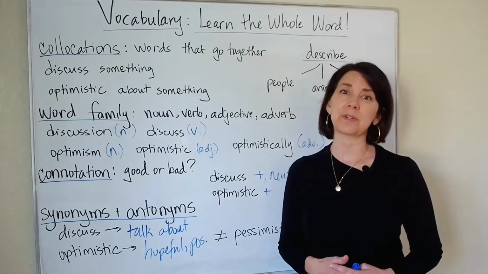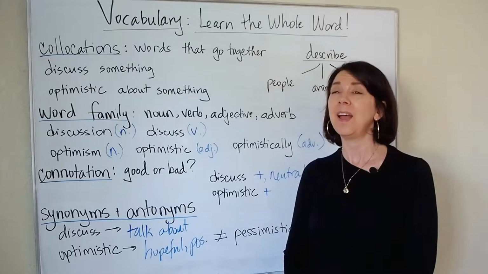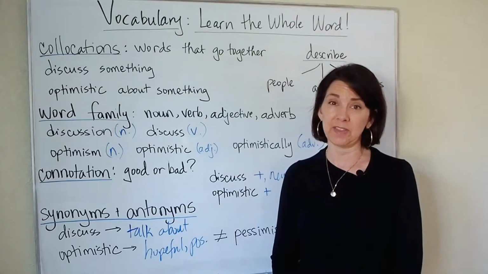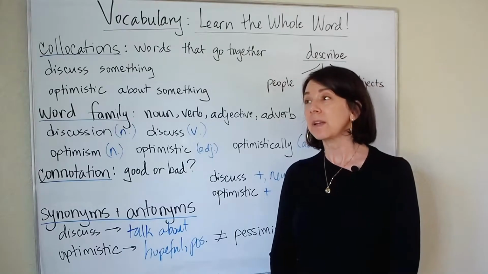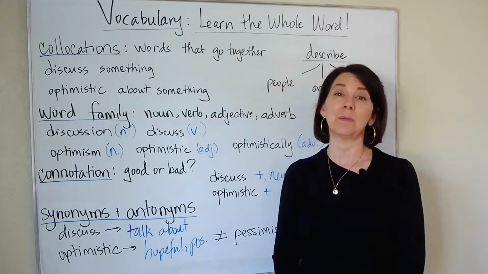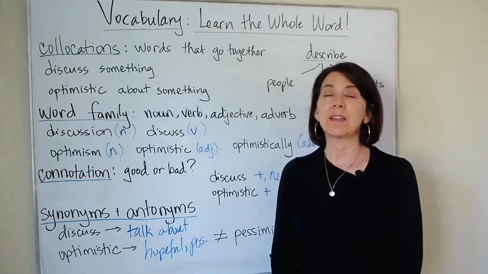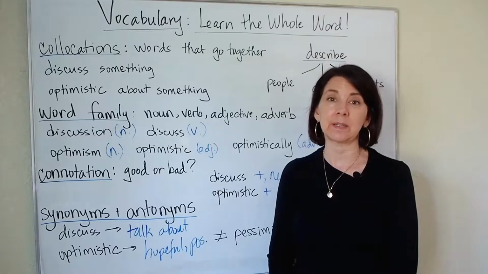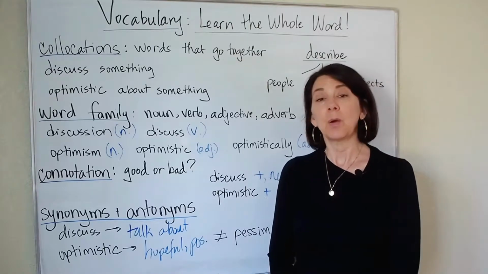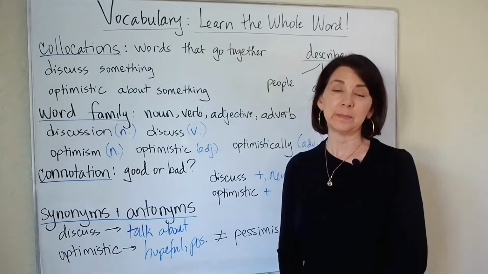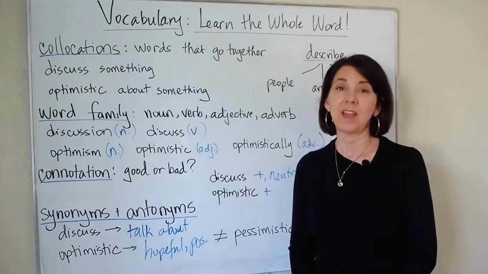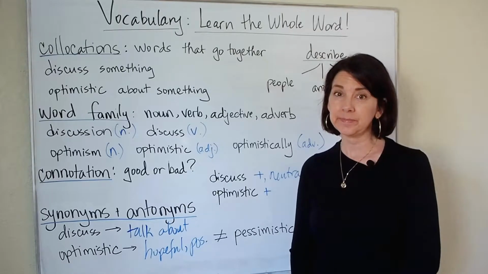A pessimistic person is a person who wakes up in the morning and has a negative view of things, or looks at a problem and thinks about it in a more negative way, is not hopeful. You can say that a lot of people are pessimistic about the future, or that a lot of people are pessimistic about climate change. They are not hopeful.